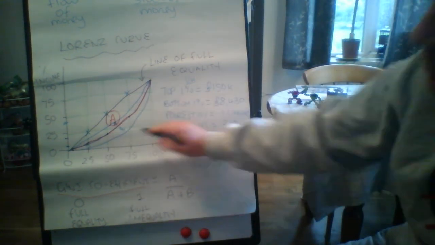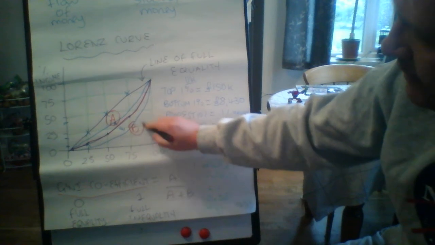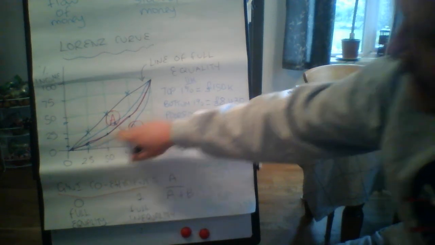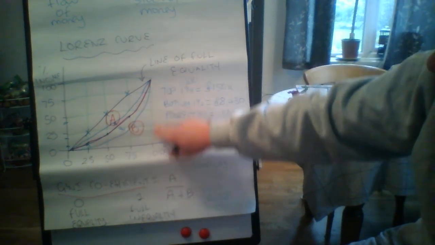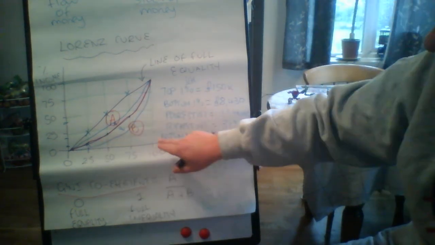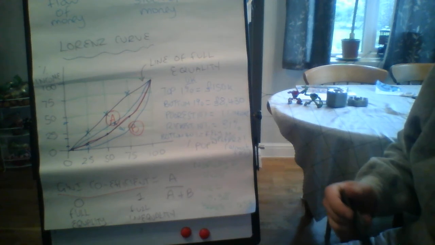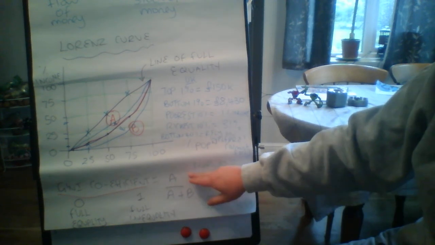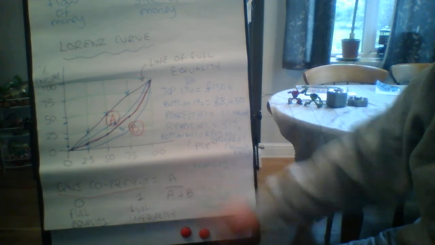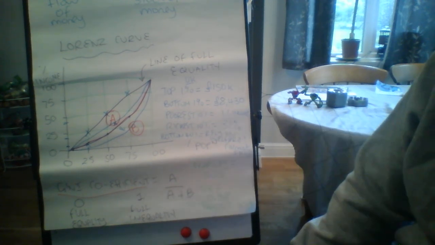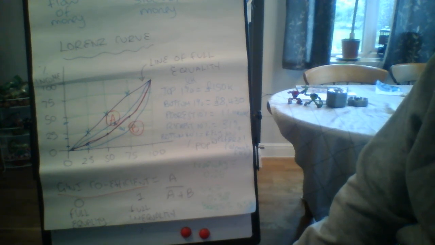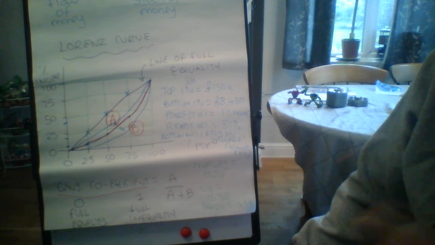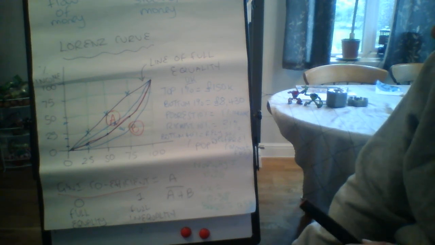We would also measure this area B, so the gap between the actual Lorenz curve and the axes in effect. Now what we would then do, we would use this formula A divided by A plus B. Now the good news is, everyone, you are not expected to calculate Gini coefficients from Lorenz curves, but you are expected to know what the Gini coefficient score shows about a country.